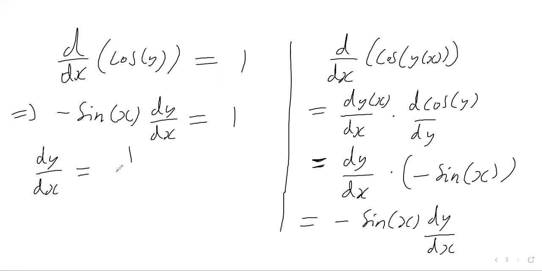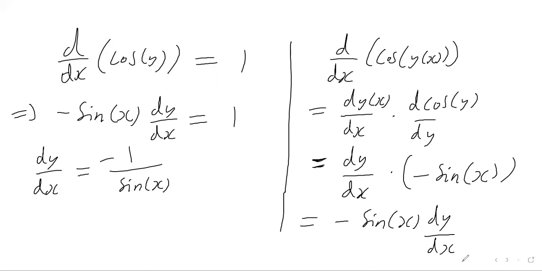We want dy by dx because y is arccos of x. So we get negative 1 over sine of y. It doesn't matter whether we put the negative sign on the top or the bottom of the fraction, because dividing by -1 is exactly the same as multiplying by -1.